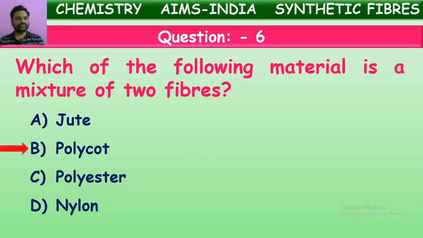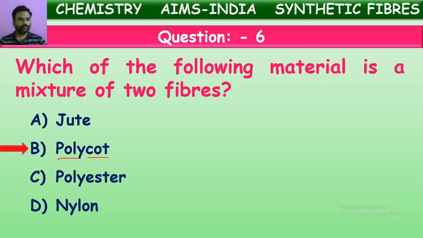Yes, we told polycot or polywool. These are blended fibers which are obtained by mixing polyester with certain natural fibers like cotton and wool. If polyester is mixed with cotton, then the obtained fiber is called polycot. If polyester is mixed with wool, then the blended fiber obtained is called polywool.